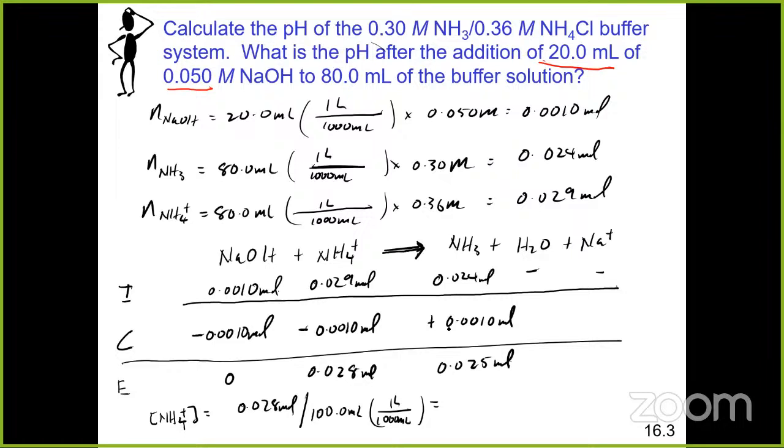0.028 divided by 0.1. According to my calculation, this works out to be 0.28 M. And then, as far as the concentration of the ammonia is concerned, that would be equal to the moles that we calculated here, which is 0.025 moles, divided by, again, the same volume, 0.100 liters.